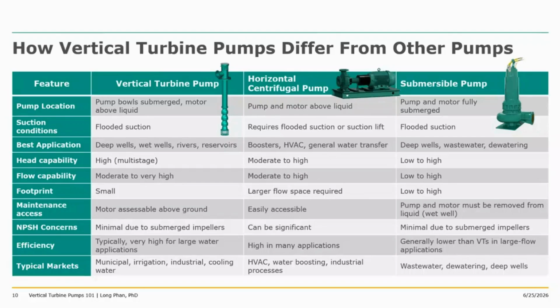The motor is typically above the liquid. It can provide very high head thanks to its multi-stage design. The flow capacity can range from low to very, very high. The footprint is small thanks to its vertical design, and the motor is typically above ground.